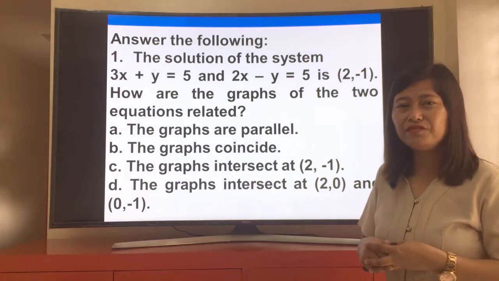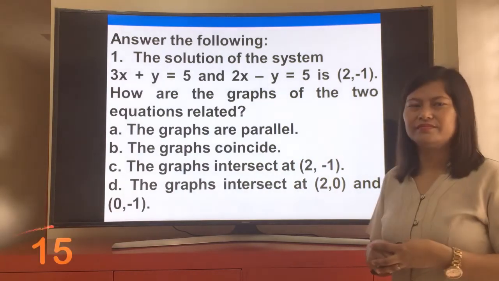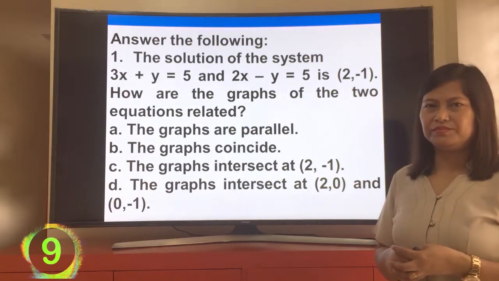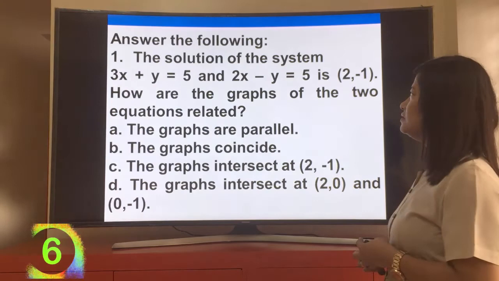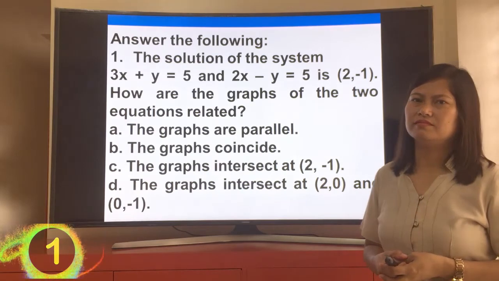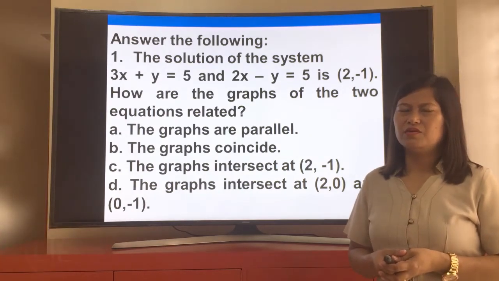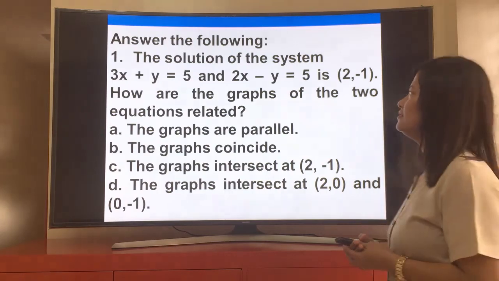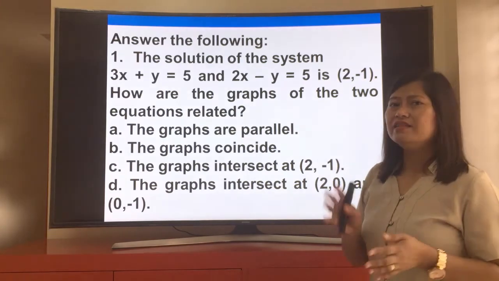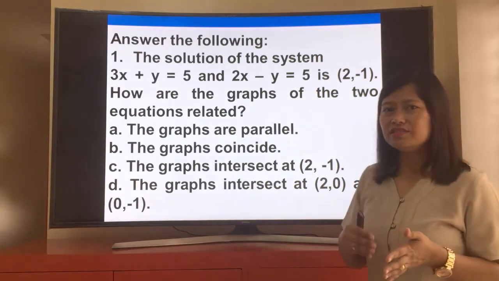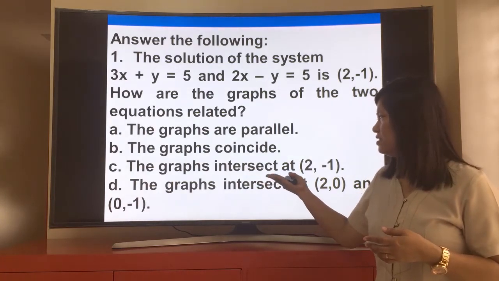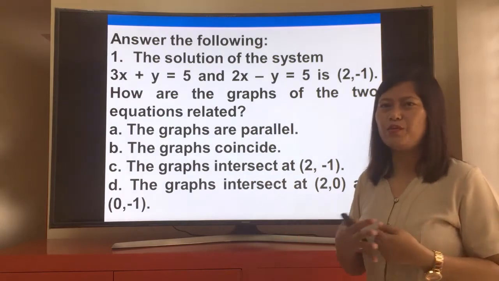You will answer it in 15 seconds. What's your answer? Since 2, negative 1 is the solution of the system, that is their point of intersection. So the correct answer is letter C. The graphs intersect at 2, negative 1.